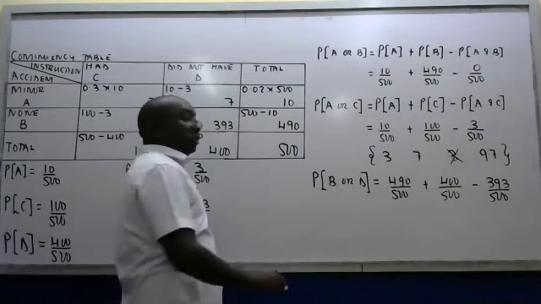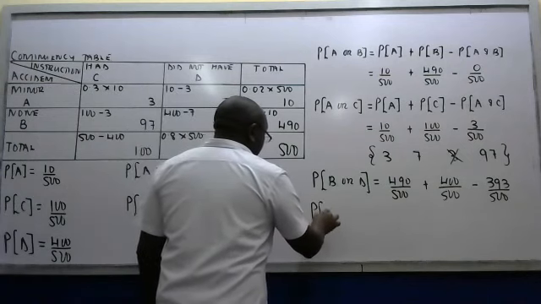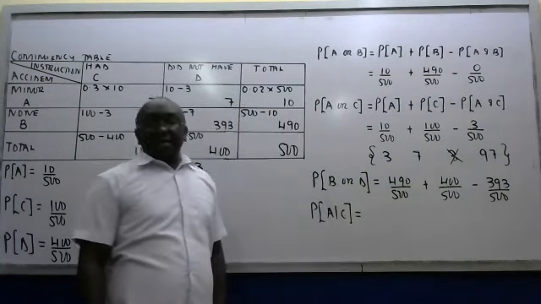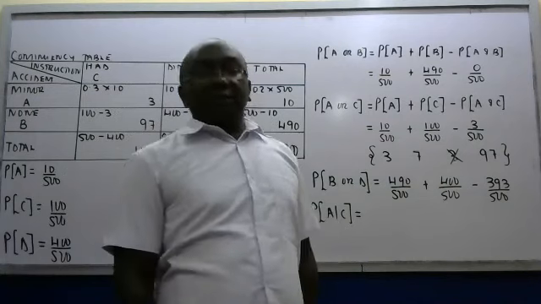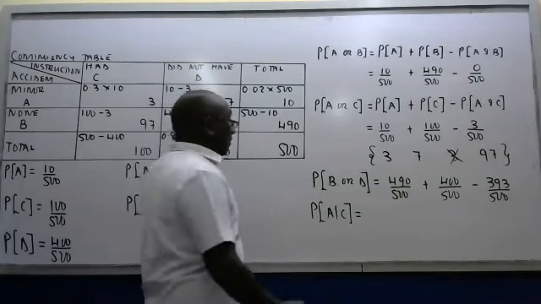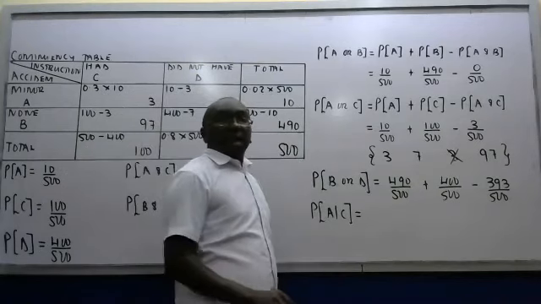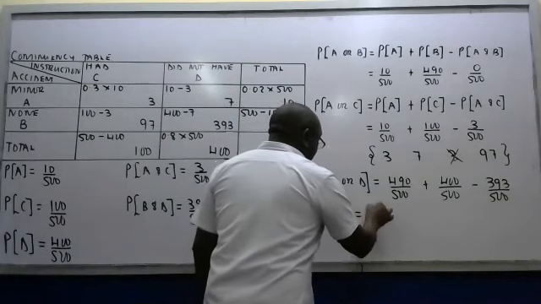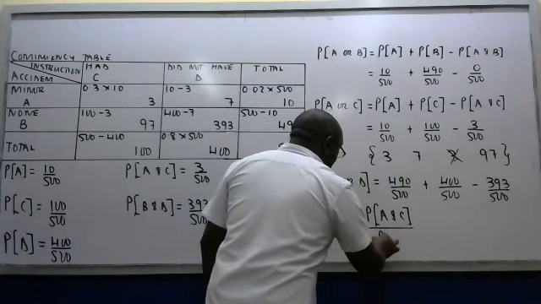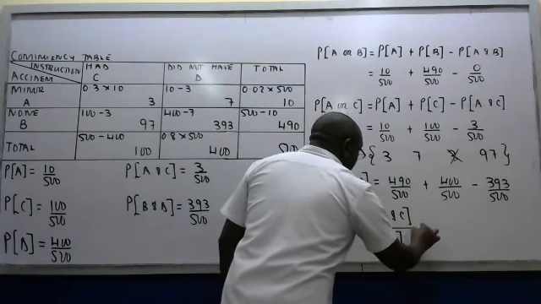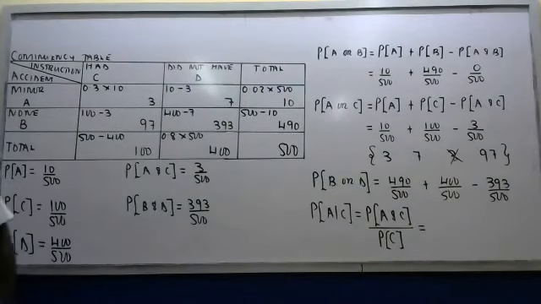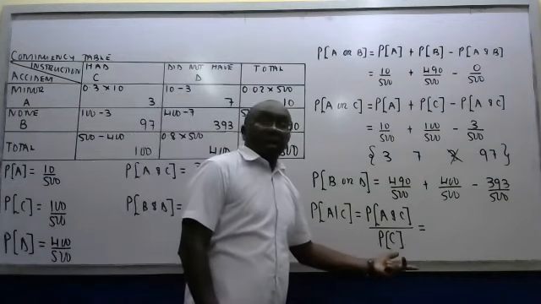The next thing you can be told is probability of A given C. That's now Bayesian. If you remember how the Bayesian one opened up, this will open up as probability of A and C, you divide by probability of C. It opens up like that. So now this is very easy.